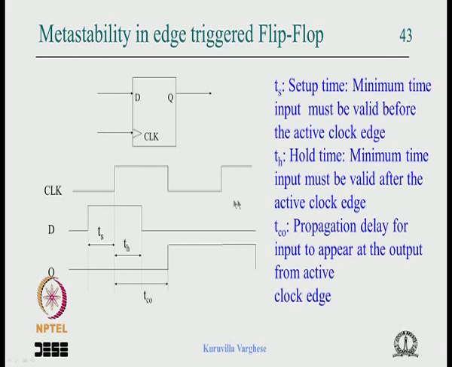The worst case, so two things: either it misses the trigger, or it takes a long time for the output to resolve. The third effect is that it can get stuck in between the logic levels. Suppose you know that in a 5 volt system the lowest high value is say 3 volt and the highest low value is 2 volt.